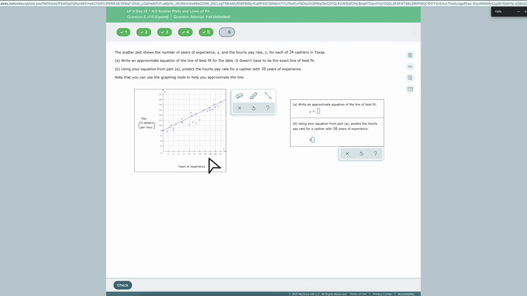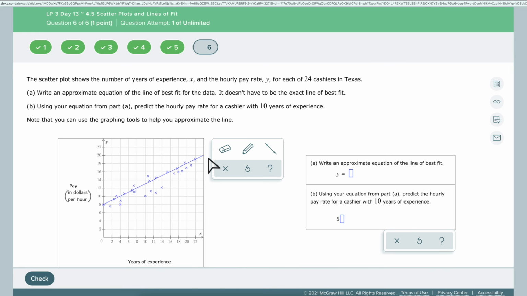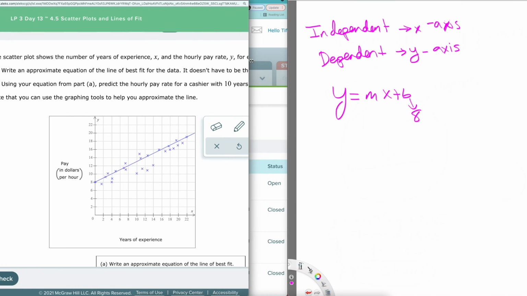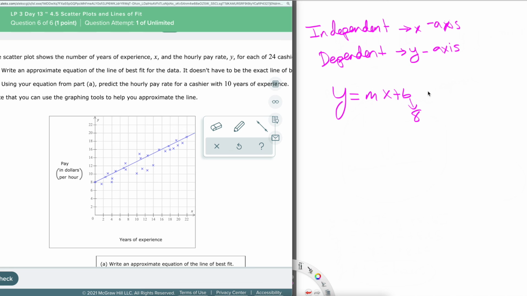So I want to find a nice point. This one crosses right over a point, so this is going to be 8 and 12. That's kind of what I wanted to see there. So I have a point of 8 and 12.